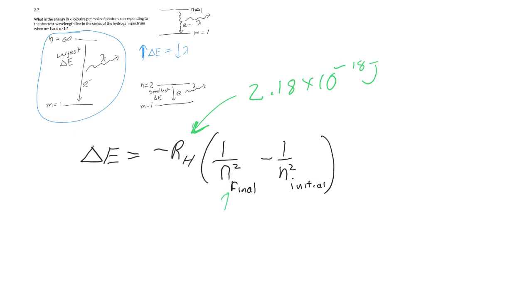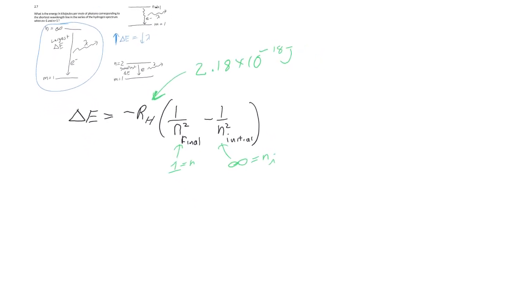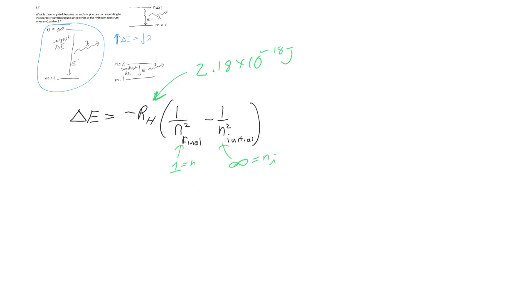We know that it's falling to n equals 1 here, and it's falling from an initial state that is infinitely far away from our nucleus. So now it's just a matter of straightforward algebra and plug and chug, with one twist that causes some people a little bit of difficulty if you haven't had calculus.